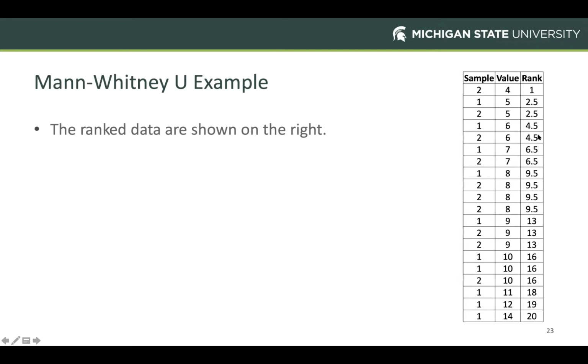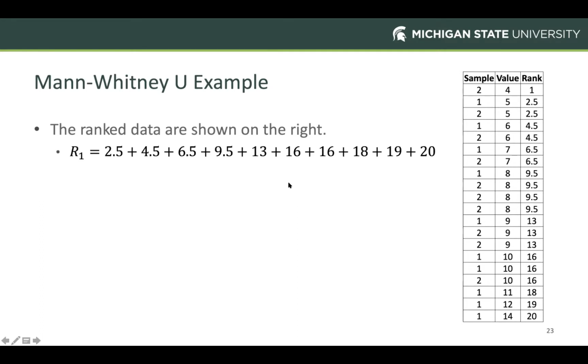Likewise, this is an average of 4 and 5, 6 and 7. Down here, these are ranks 8 through 11. And so if we average those 4, that's where the 9.5 comes from. And so forth and so on until we get to our last 3 observations, which is where we are clear of any ties. And so those would be the 18th, 19th, and 20th ranked observations, okay?